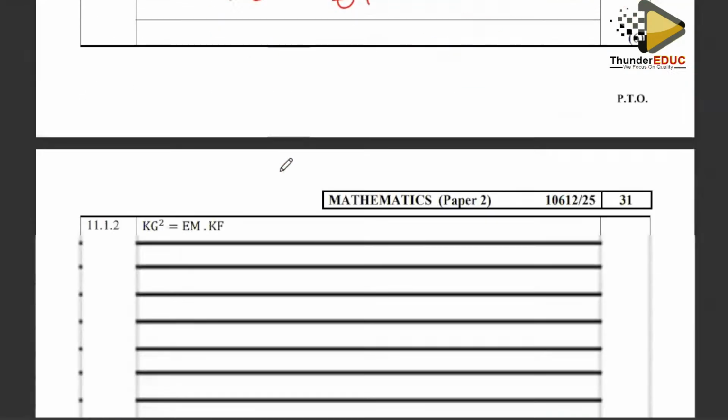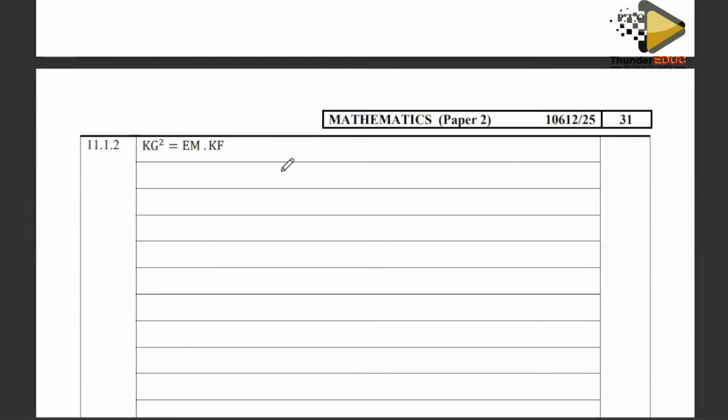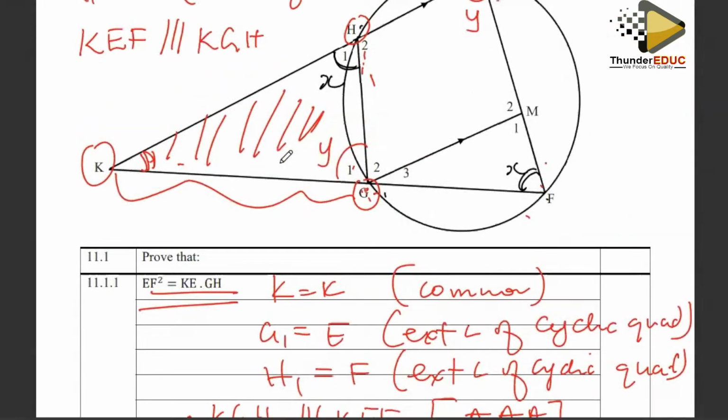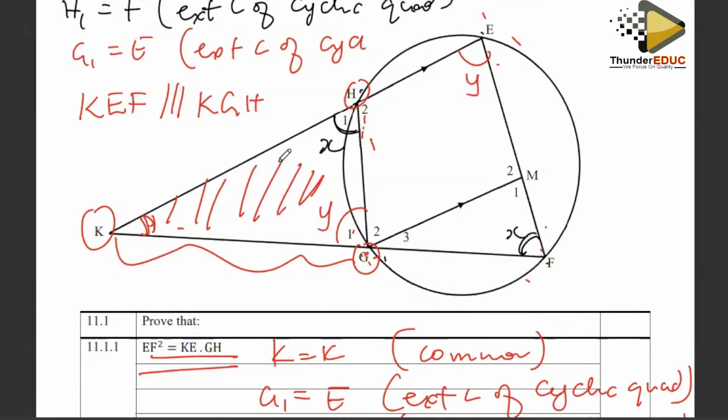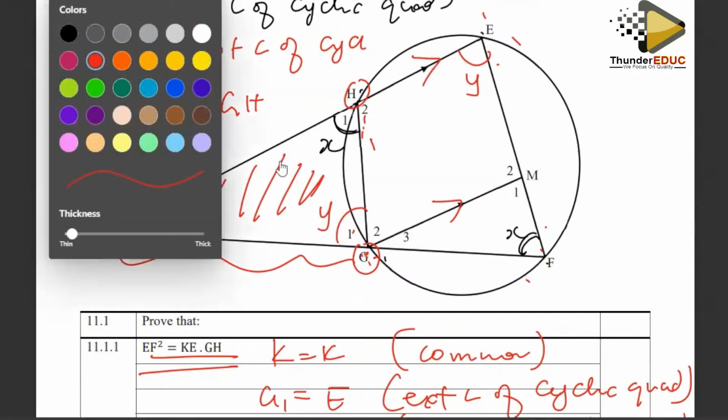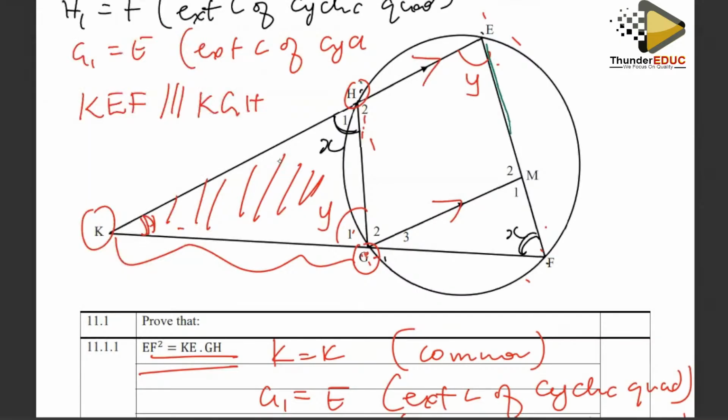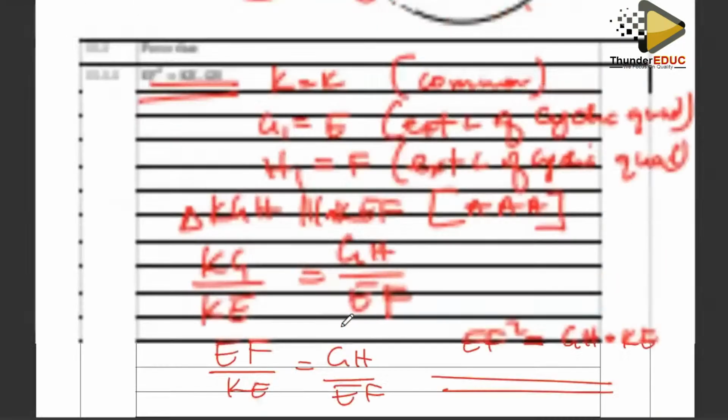All right, then 11.1.2, can we prove that KG squared is equal to EM times KF? So what I can do here, remember, we have a set of parallel lines. I can use my proportionality, because this line is parallel to that. So they said KG squared.